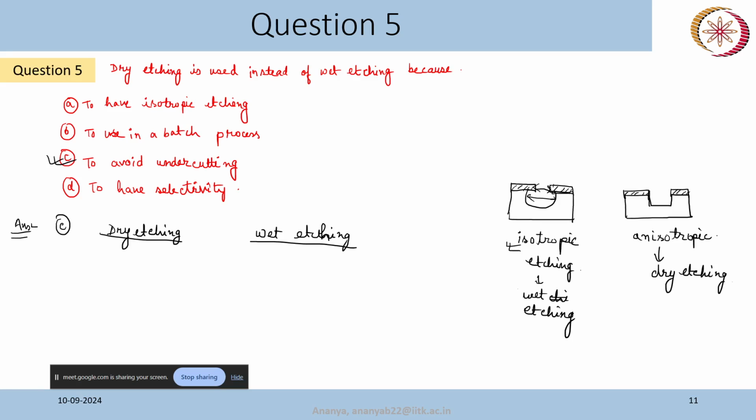It's a physical process, whereas wet etching involves chemicals or liquids. That is the basic definition of dry and wet etching. I will not write it here. Dry etching gives no undercut, or less undercut, and wet etching gives mainly isotropic etching.